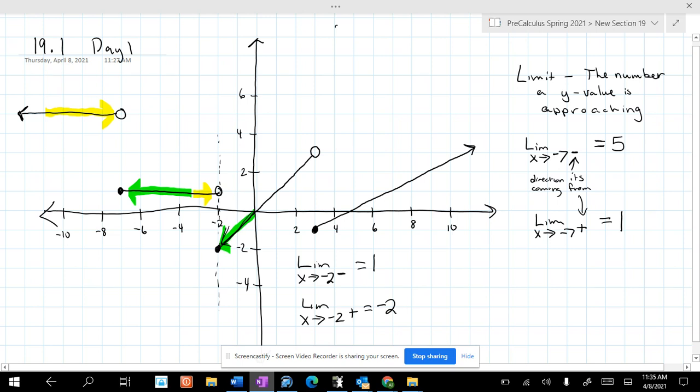You got to look where you end up. You're going to end up at -2. So if you're coming from the right, you're using this line. If you're coming from the left, the line comes from the left, you're up here, because this is where -2 is at. Okay? My next limit I'm going to look at is at 3.